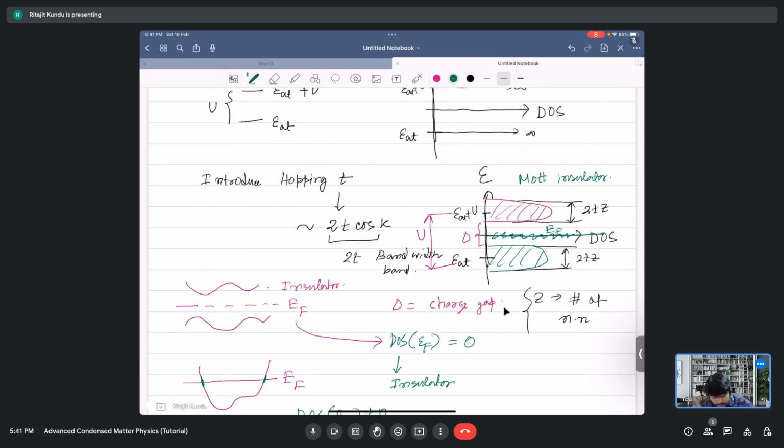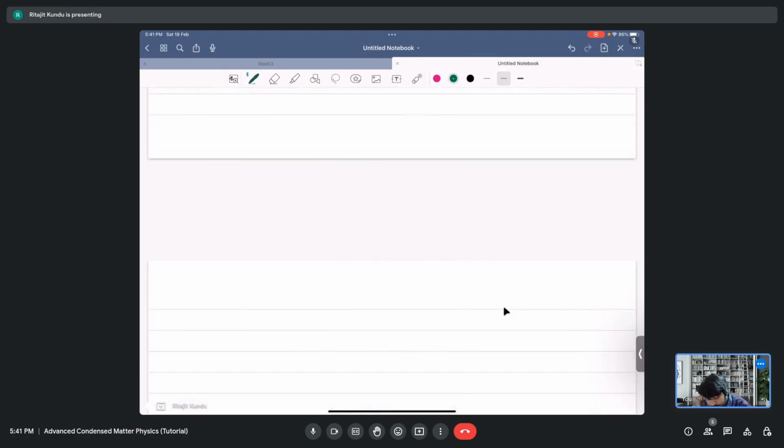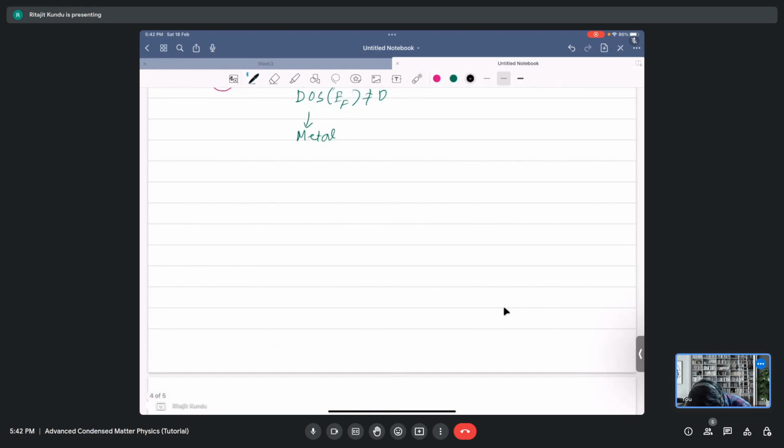Right, so let me actually draw a clearer picture. So I have these two, and these are called Hubbard subbands. Let me just annotate all of these things.